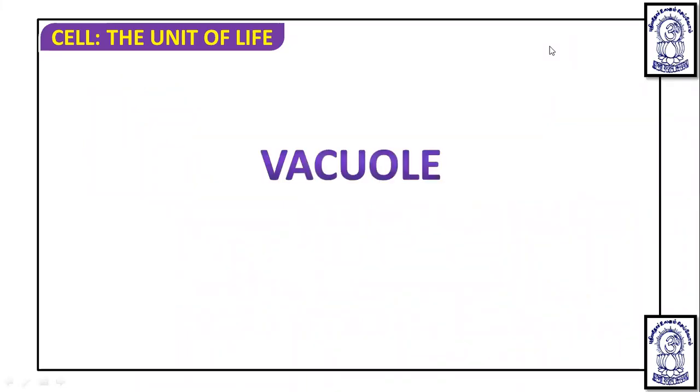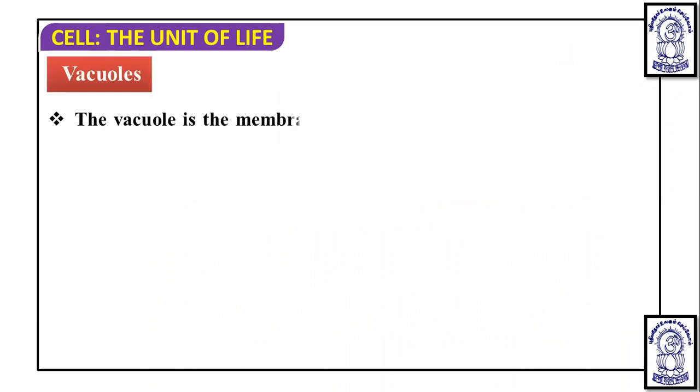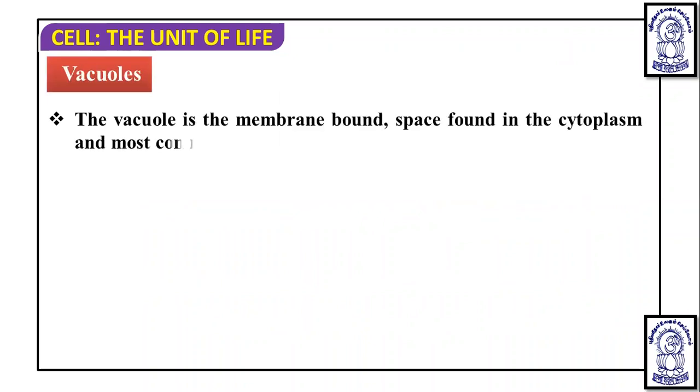Now we are going to the last organelle of this endomembrane system, which works in coordination with the Golgi complex and the lysosome. So if we talk about vacuole, the vacuole is the membrane bound space which is found in the cytoplasm, most common in plant cells. It is single membrane bound, and it is a space.